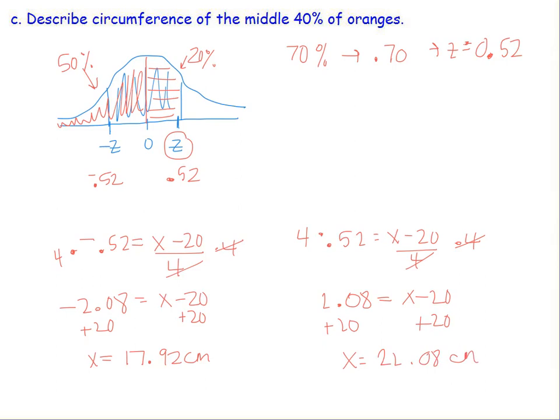So the answer to our question, describe the circumference of the middle 40% of oranges, they are between 17.92 centimeters and 22.08 centimeters.